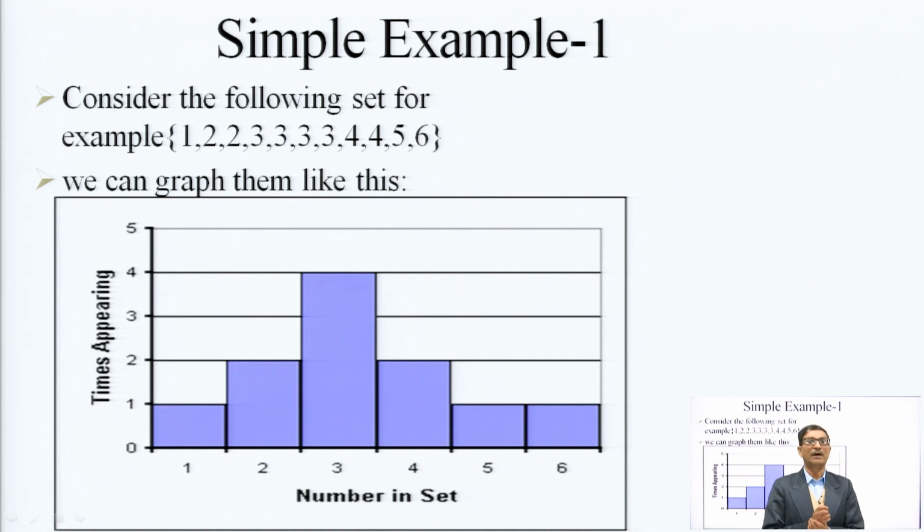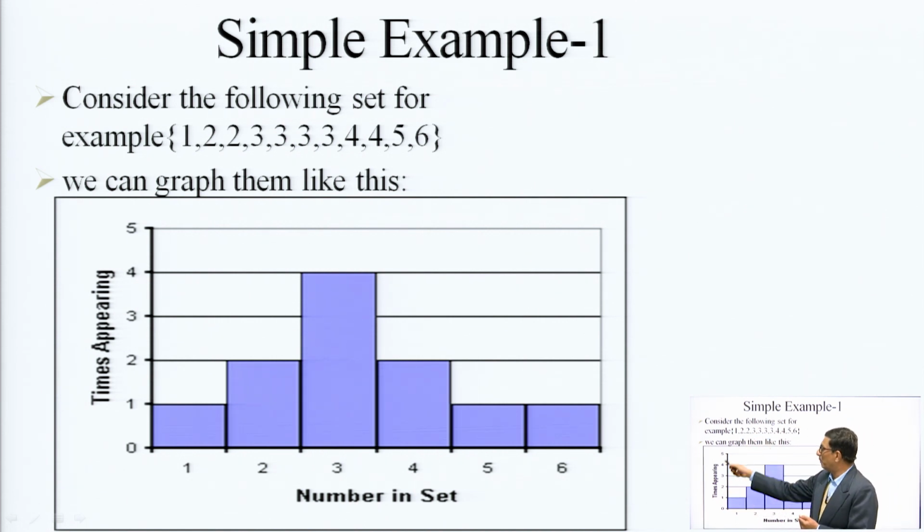Consider that we have the following set. For example, we have these values 1, 2, 2, 3, 3, 3, 3, 4, 4, 5, 6. So, the numbers in the set are 1, 2, 3, 4, 5, 6, and we take 1 here on the x axis, and the frequency of 1 is 1.